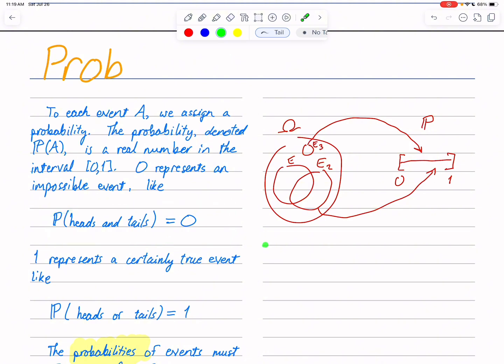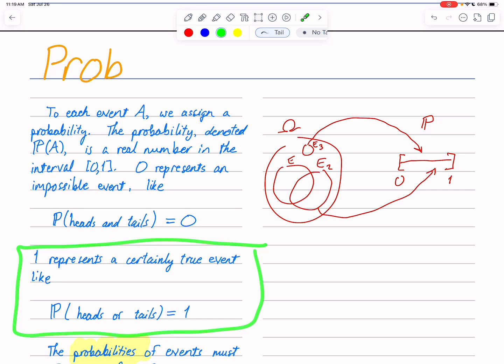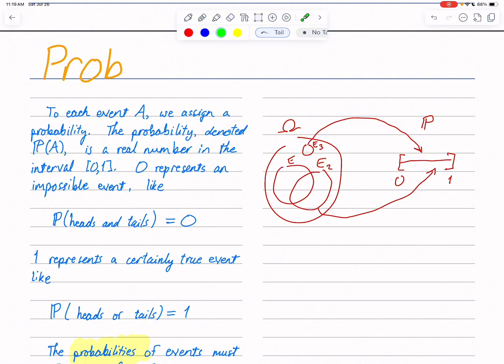Again, within the context and logic of a normal coin toss, we could also have things that have probability 1. These would be certainly true events, like getting either a heads or a tails showing on a coin toss. And some people will say, oh, couldn't it land on its edge or whatever, but come on, give me a break, right? We're in the context and logic of a regular coin toss.